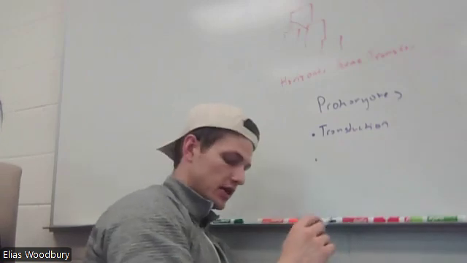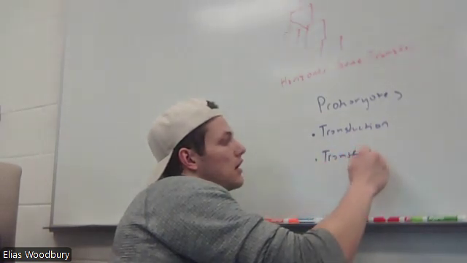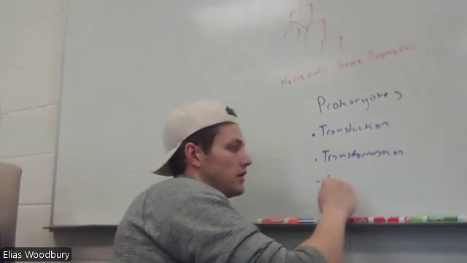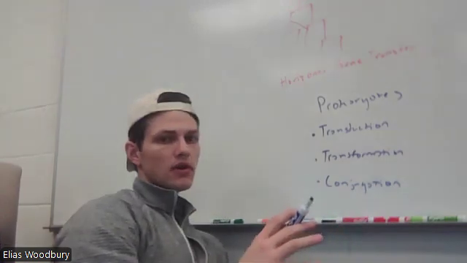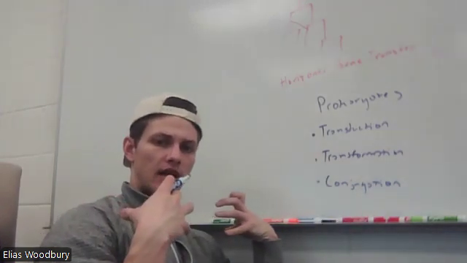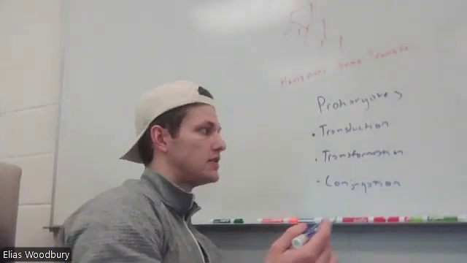But you have transduction, transformation, and you will have conjugation, right? And all we're doing is we're taking DNA that wasn't given from the parents and we're putting it into these bacteria or these prokaryotes in some way.